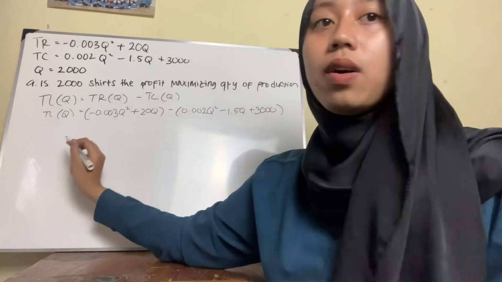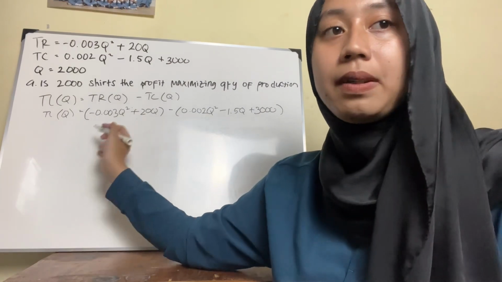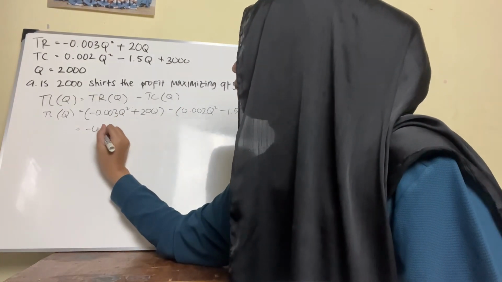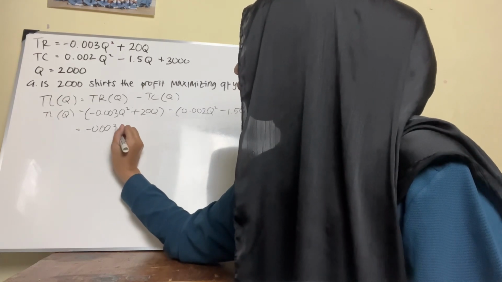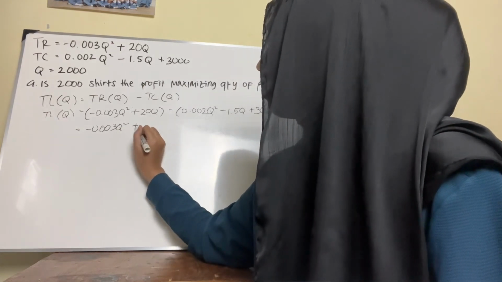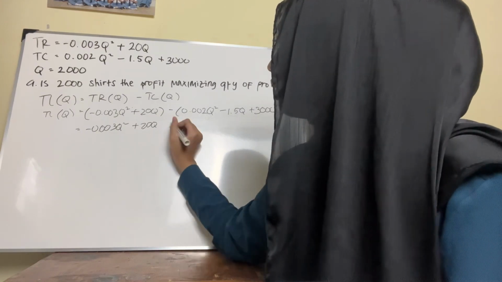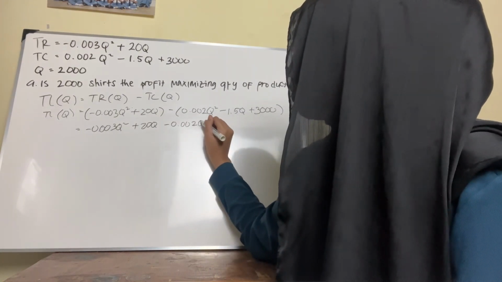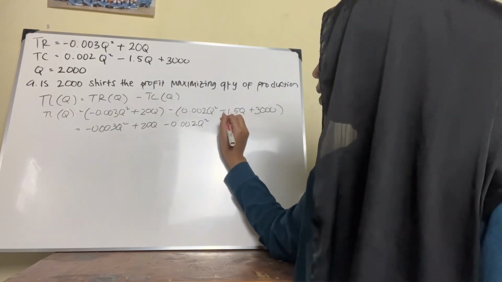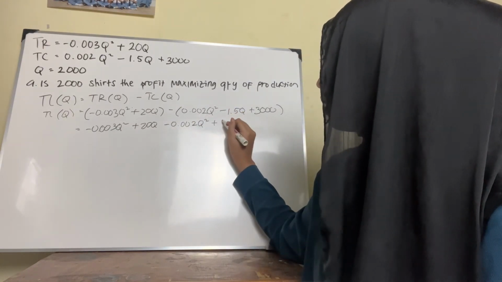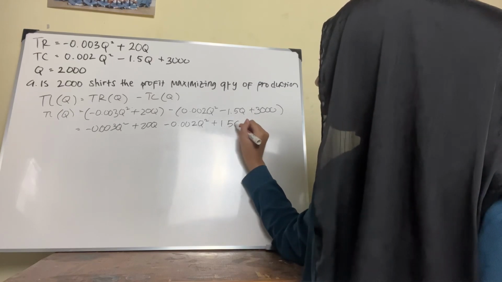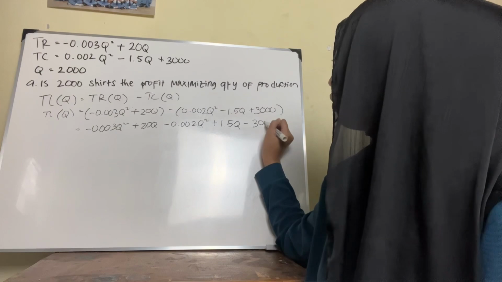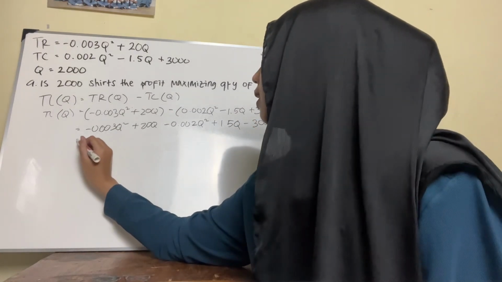Okay, so we simplify the equation. 0.003 Q squared plus 20Q minus 0.002 Q squared, minus times minus is plus 1.5Q, and minus times plus is minus 3,000.